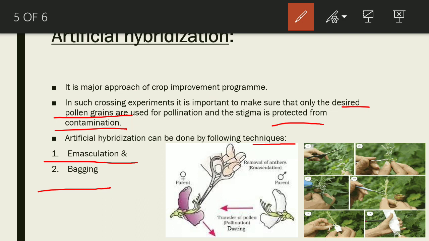Now, what is bagging? The emasculated flower has to be covered with a bag of suitable size, generally made up of butter paper, to prevent contamination of its stigma with unwanted pollen.